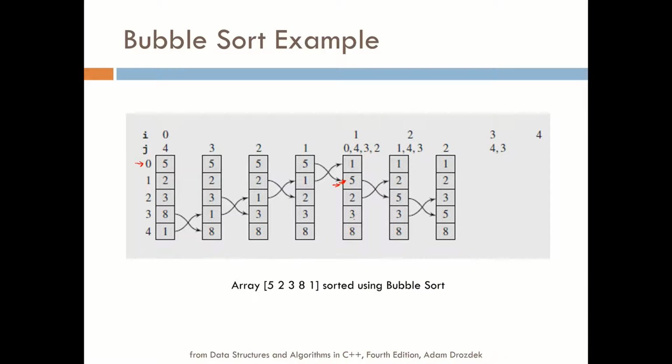And we say, is the 8 less than the 3? It is not. Is the 3 less than the 2? It is not. Is the 2 less than the 5? Yes, it is. So swap the 2 and 5. And now we've reached this point. And so now here we position the 1. And now here we've positioned the 2. And our array looks like this now.